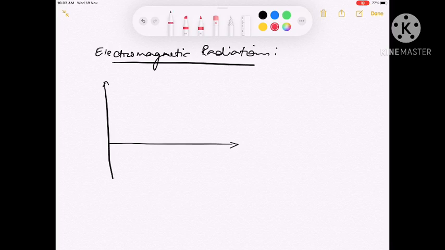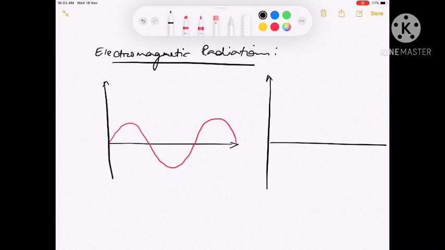Say the electric field is moving like this, and we have, say, a magnetic field. The magnetic field is also the same, like this.